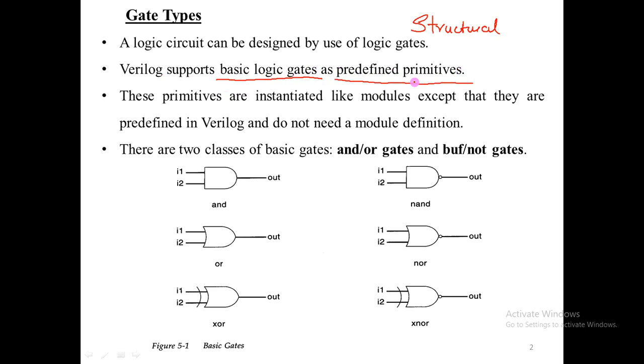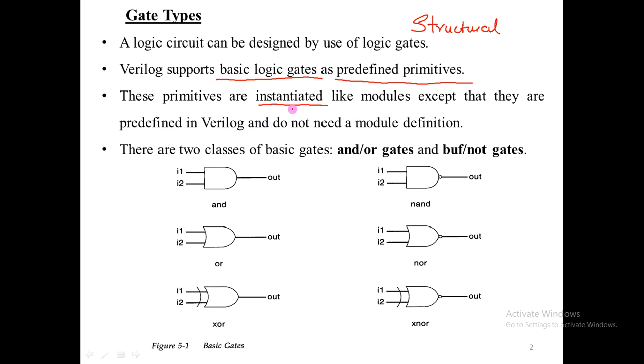You use Xilinx or Mentor Graphics, Synopsys, or whatever tool you have for writing Verilog code. These basic gates come as predefined primitives. These primitives are instantiated. Instantiation, as we already understood in unit 1, is like connecting a smaller module to a larger module. So these primitives are instantiated like modules, except that they are predefined in Verilog.